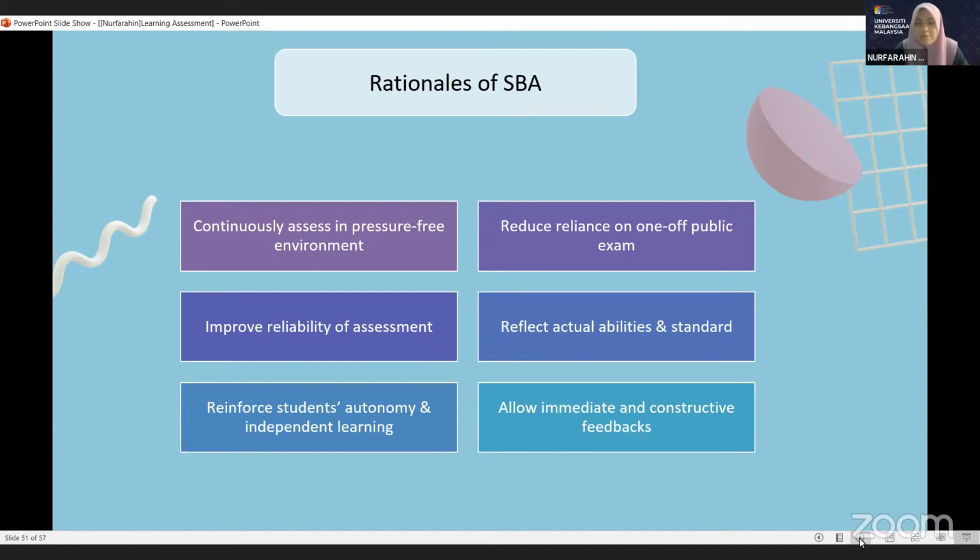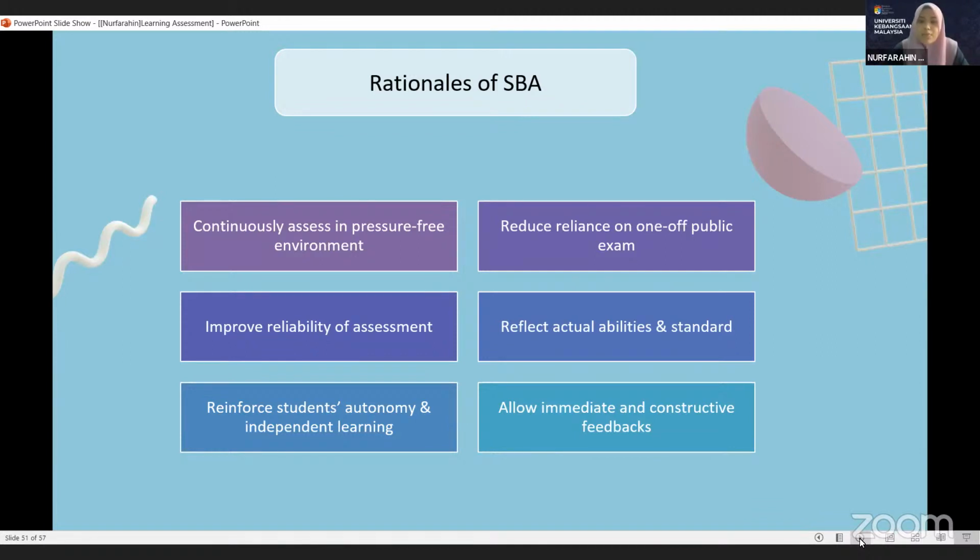We want to improve the reliability of assessment. We want to reinforce students' autonomy and independent learning, and reduce reliance on the one-off public exam, meaning we want to reduce our reliance on assessment of learning, the very high-stake national standard exam.